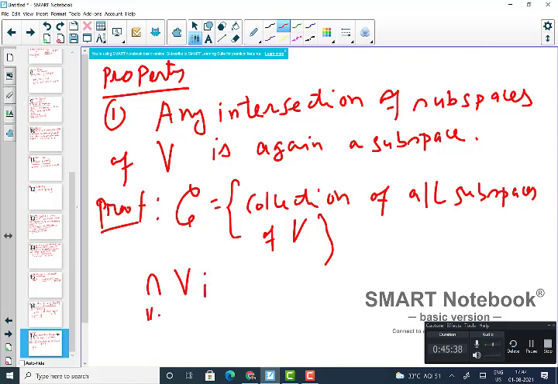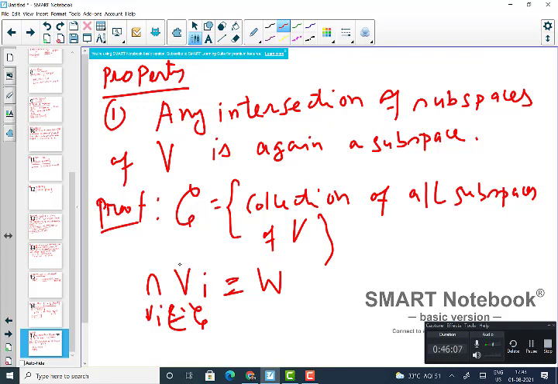So these Vi's are subspaces of V. This is a collection inside this collection, and this is my new set W. I will show that this set is again a subspace, and this proof is also not difficult, because each of the Vi's is a subspace, right?